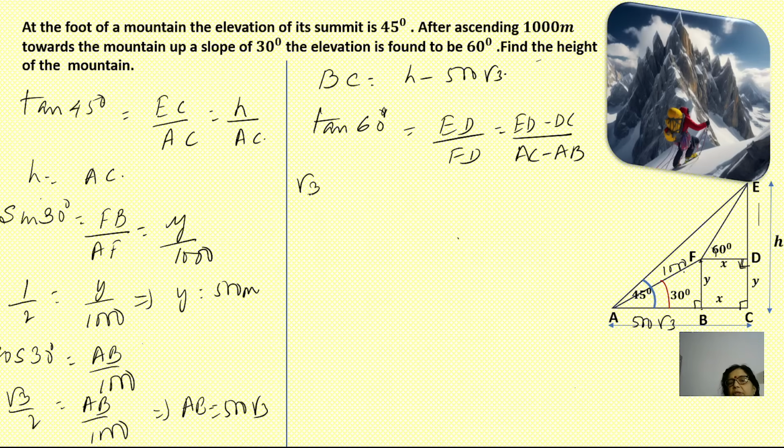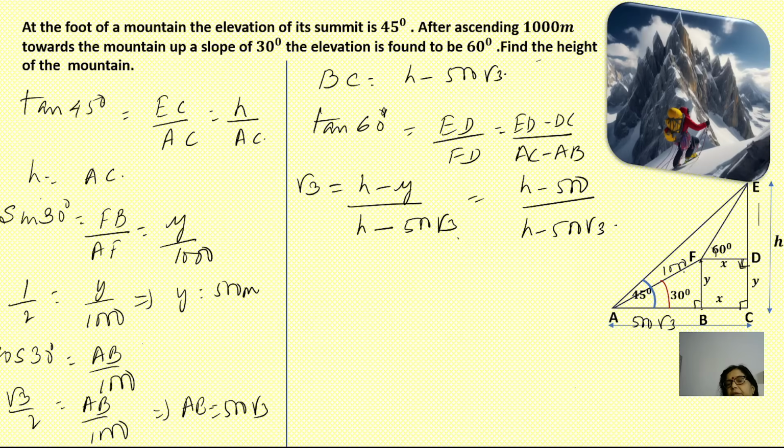So tan 60, that is root 3, is equal to ED, which is H minus Y, by AC minus AB, where AC is equal to H again. Here we got H is equal to AC, so the denominator is H minus 500 root 3. Now Y is equal to 500. So in the numerator we get H minus 500, and in the denominator H minus 500 root 3.